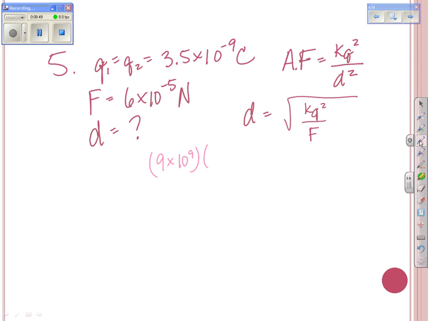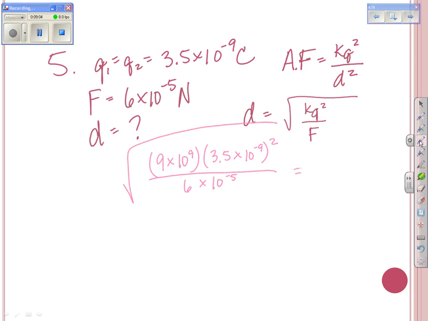Our Q's are going to be 3.5 times 10 to the negative ninth squared divided by our force, which is 6 times 10 to the negative fifth. We then have to take the square root of all of this.